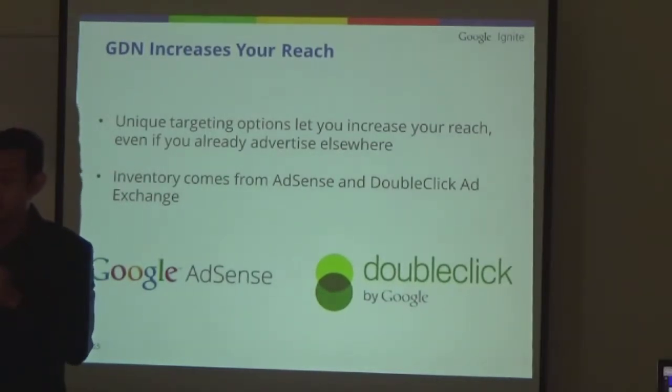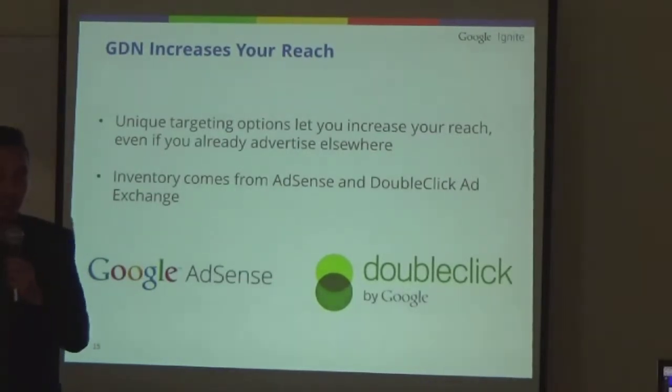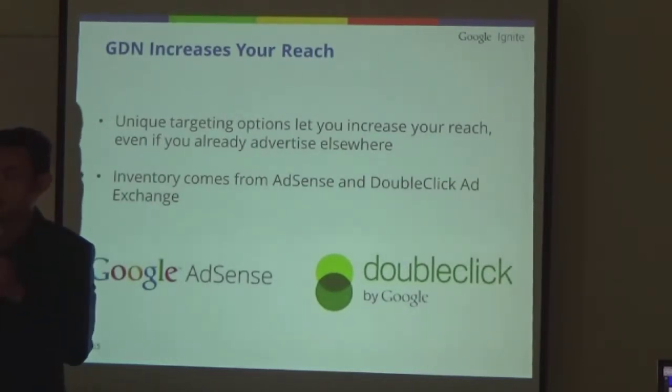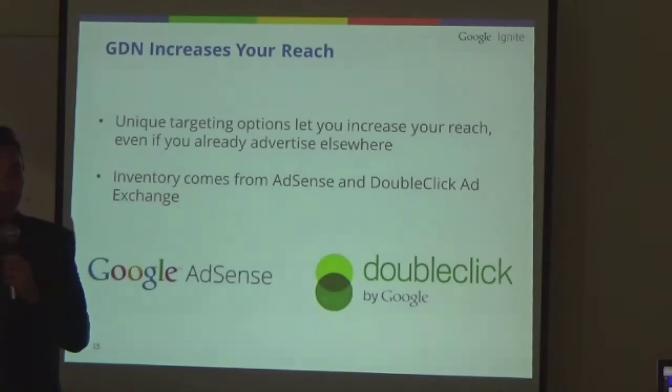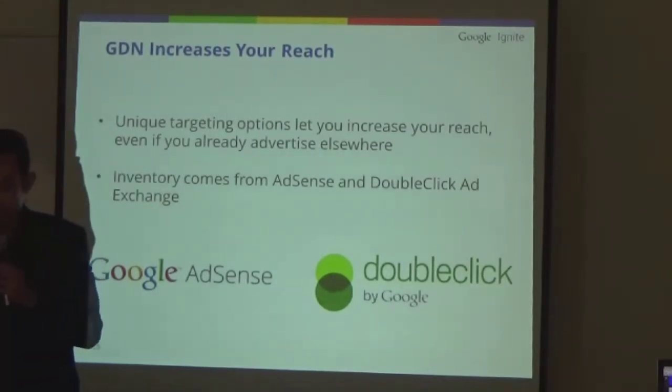Are you following me on this? That's through AdSense. And the second one is DoubleClick Ad Exchange, which is a third-party site that is also owned by Google. So these are the two inventory that Google has in GDN that makes them one of the biggest ad network available today. Yes?